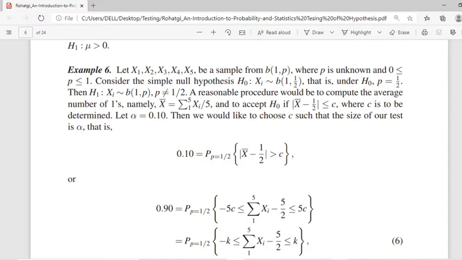So we have two hypotheses, the null hypothesis and the alternative hypothesis.